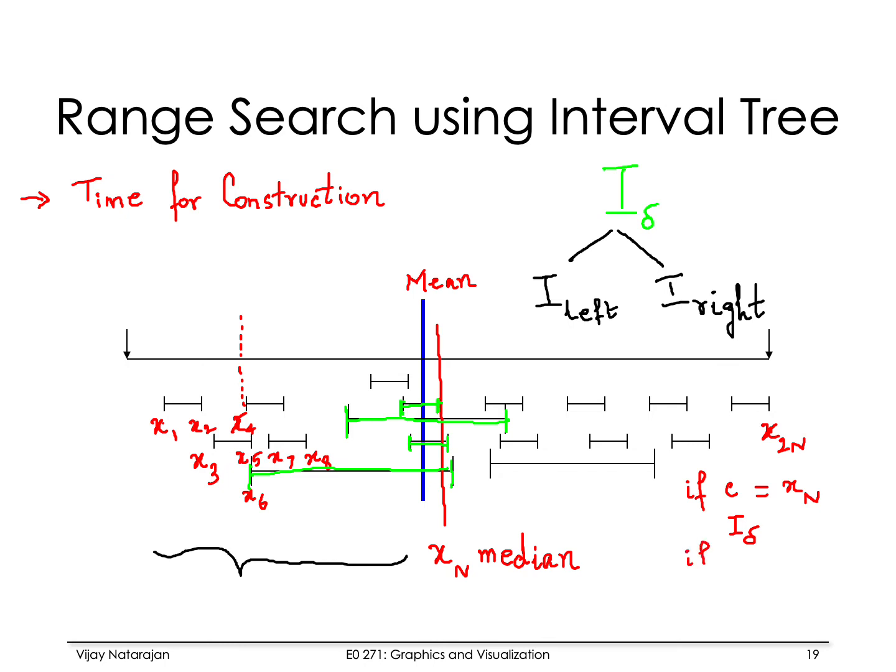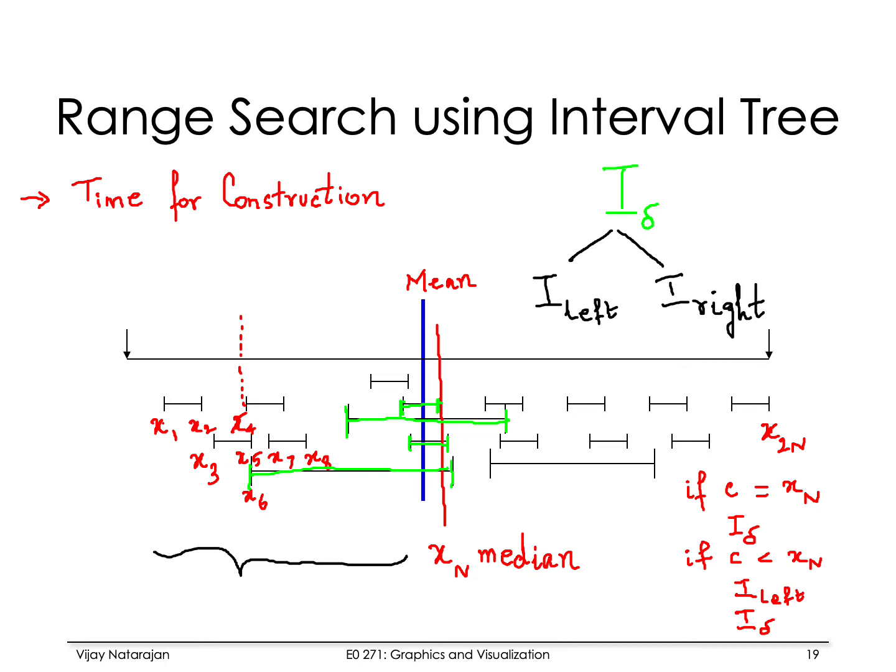If C is less than x sub n, then I know that I have to traverse the left subtree. Now in addition, there may be some intervals in I sub delta that may contain my ISO value. So I have to traverse through this collection of intervals as well.